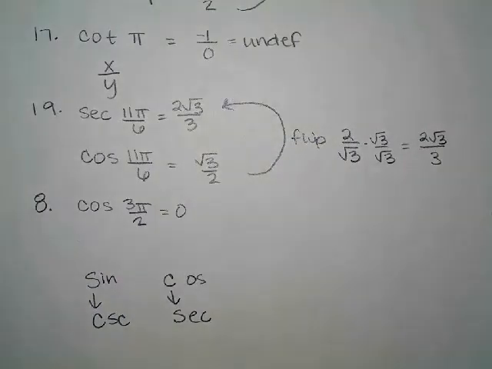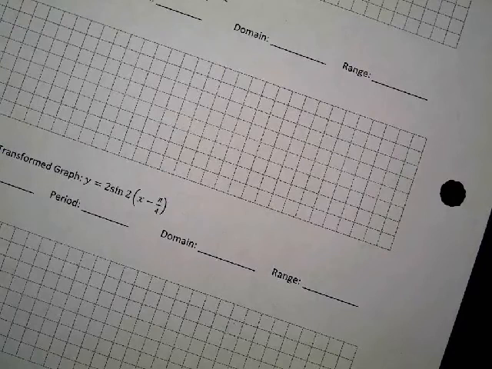Okay. All right, so let's go ahead and get out our graphing notes from last night, the graphing sine notes. We're going to finish the last example, and then today's assignment only has 9 problems.